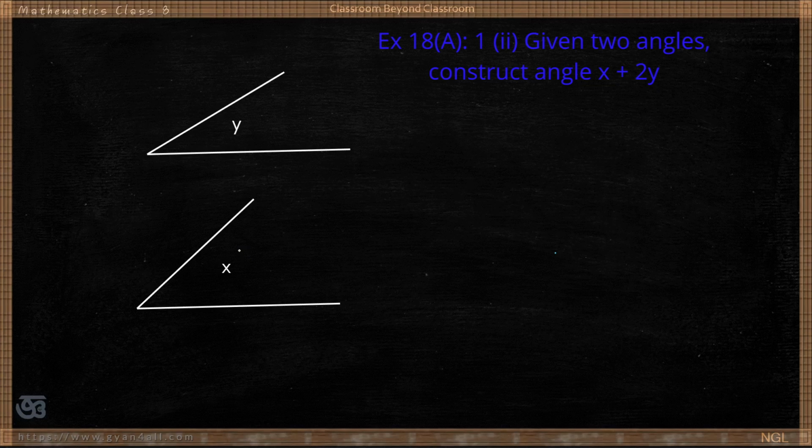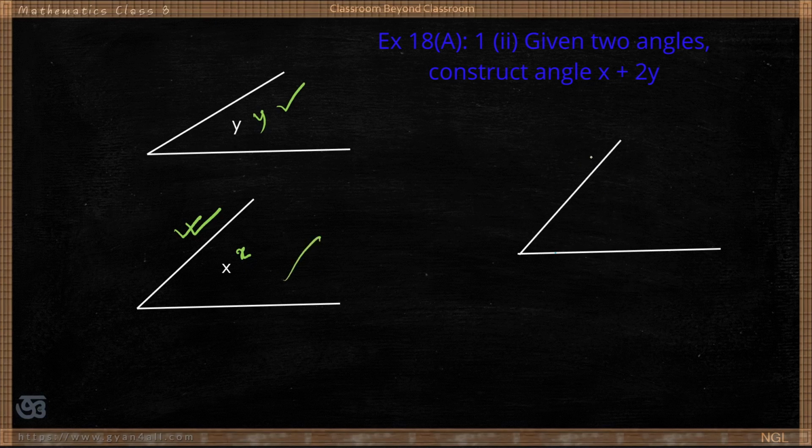So what we have done, we are given angle x and angle y. We can construct an angle of x with the help of a ruler and compass, and also we can construct an angle y. First we draw a line, then we draw an angle of x, this angle, then on this line we draw another angle that is equal to y, this angle, and on this line again we draw another angle that is equal to y.